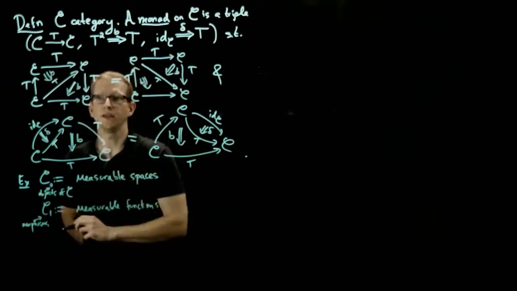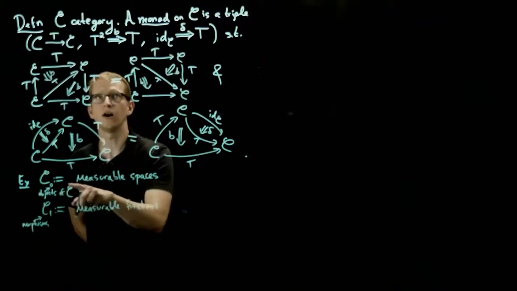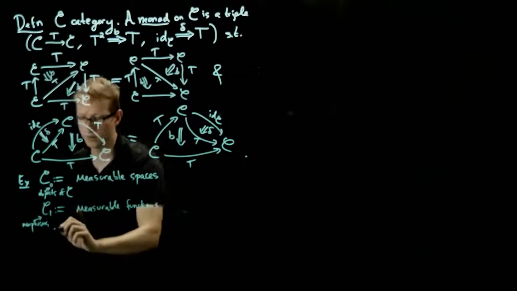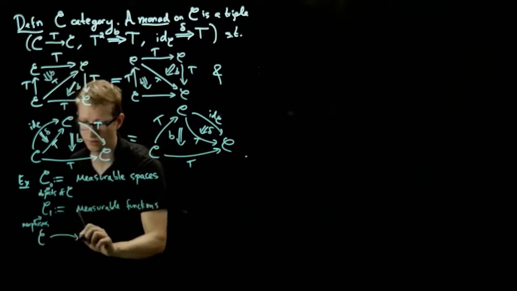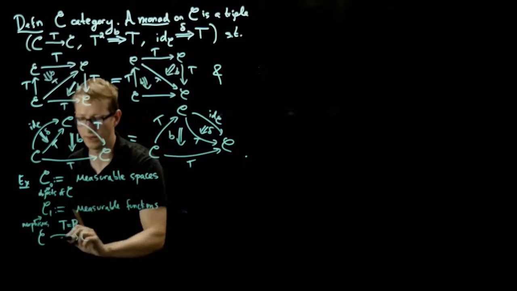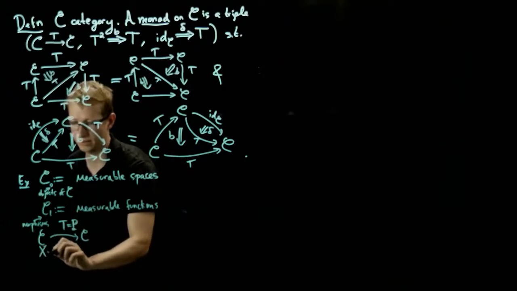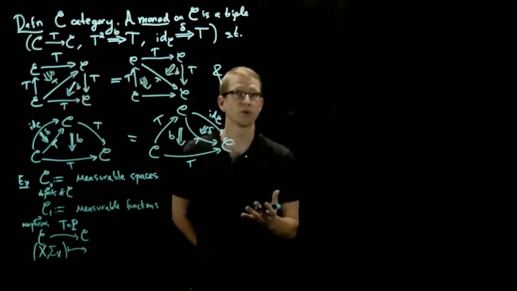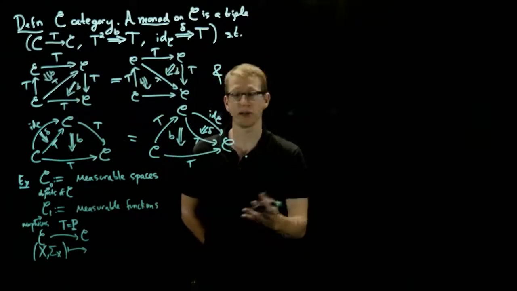And we're going to define a monad T on this category. So first we'll define the functor T. We'll call this P actually, because it's going to be easier for me to write P than it is T. And it's going to take a measurable space X with its associated sigma algebra to another measurable space with another sigma algebra.